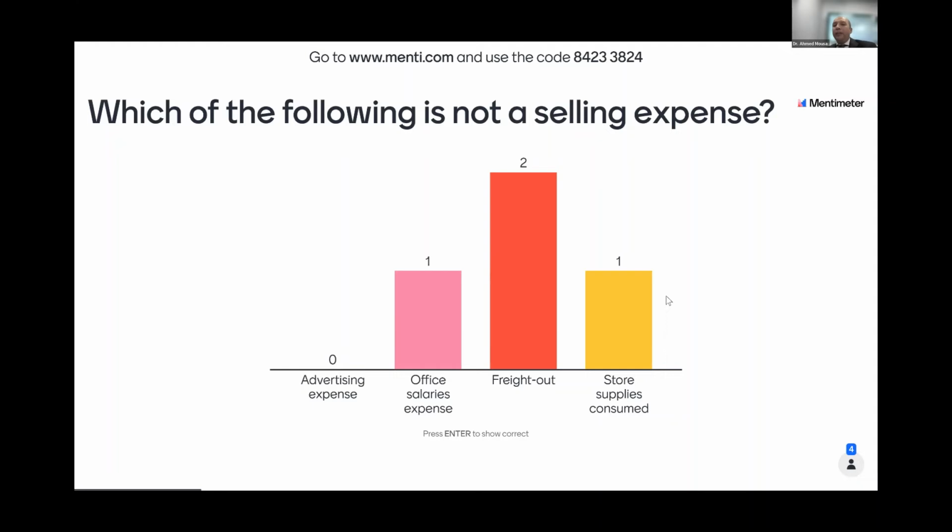For those who answered freight out, that is the delivery cost. When you sell, you pay the delivery cost, so this is an expense related to sales. But the salary of the accountant is not related to sales. So the correct answer is office salaries expense.